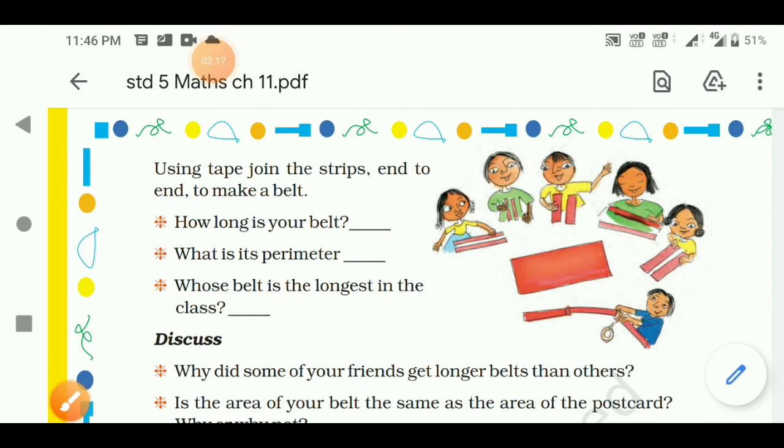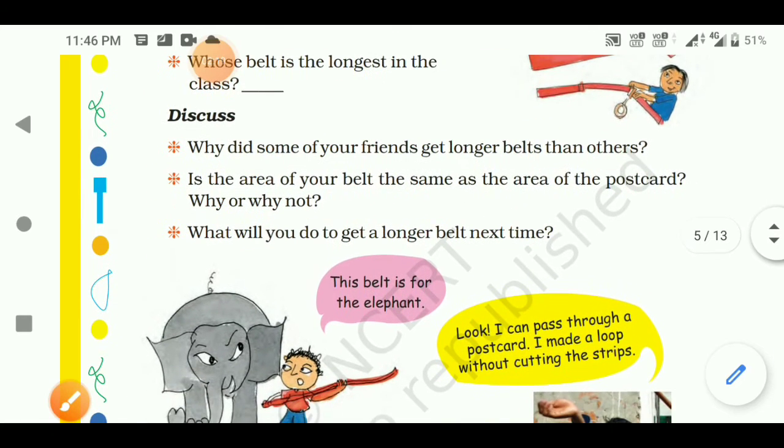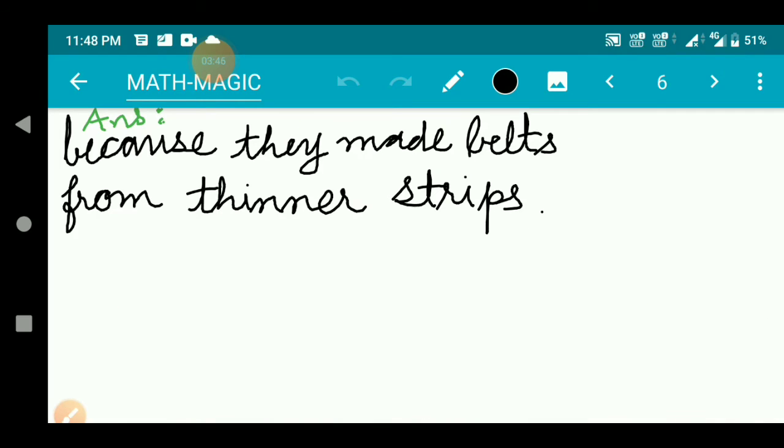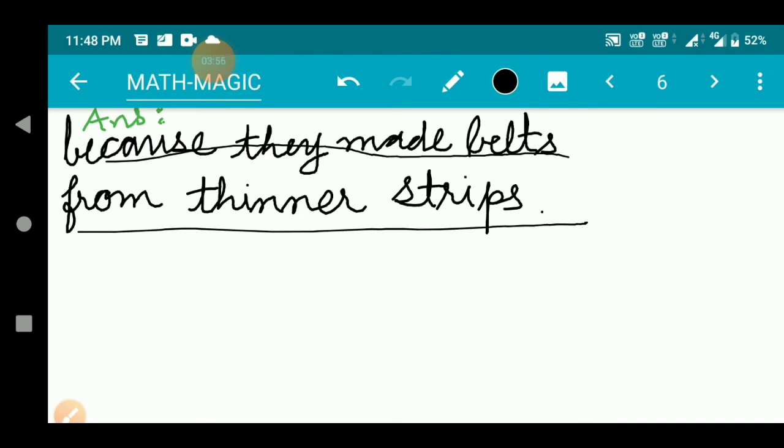Now proceeding further, discuss. Why did some of your friends get longer belts than others? So students, you can understand here, as the strips are thinner, it is longer. Here we can write the answer. Some of my friends got longer belts than others because they made belts from thinner strips.